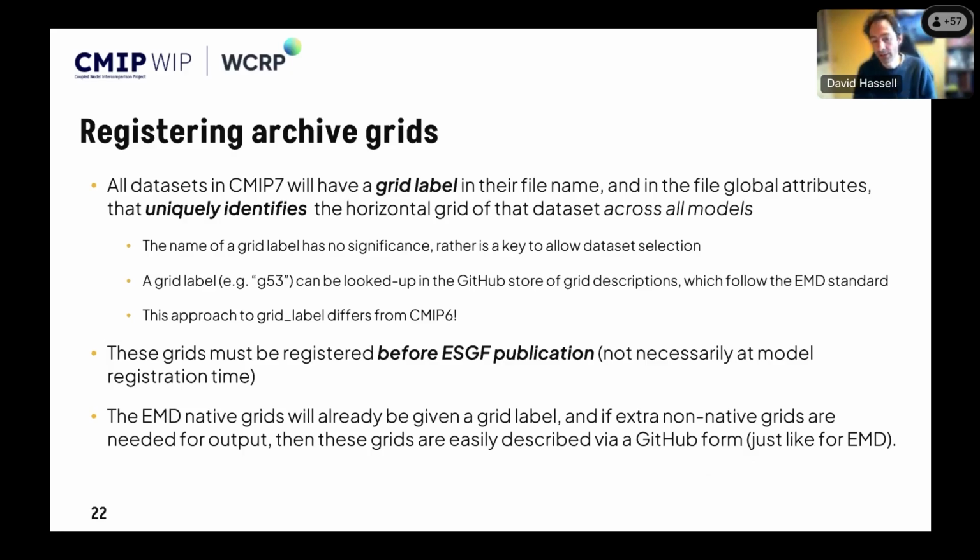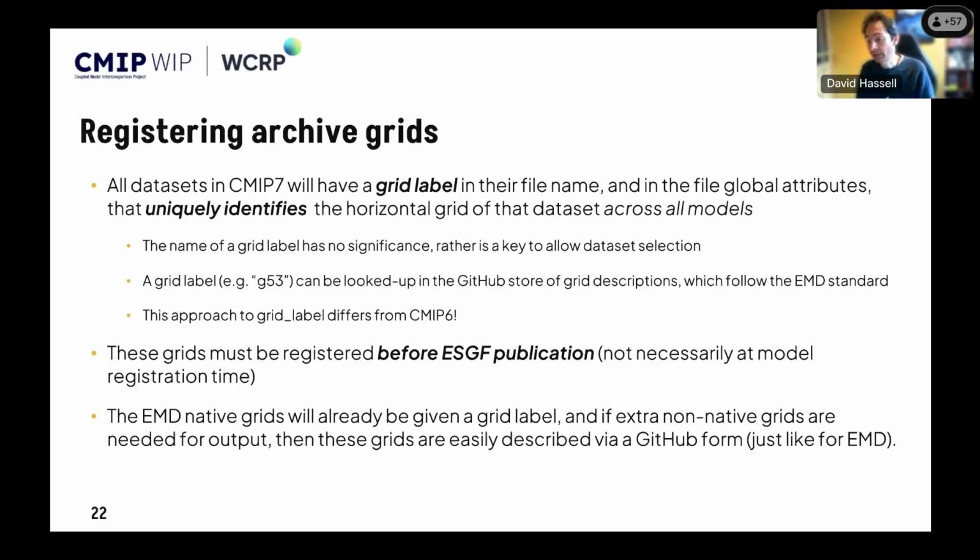When you create your essential model documentation, all of the native grids that are part of the description will automatically be given their own grid label. So if you're archiving on the native grid of your model, the grid labels will already exist and you can just pick them up and use them, no problem.